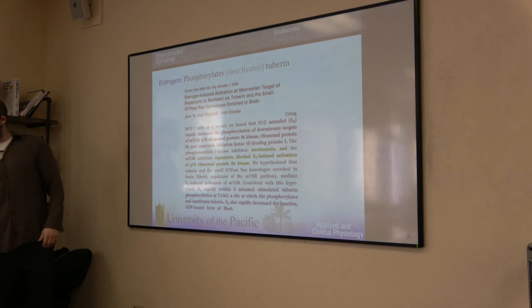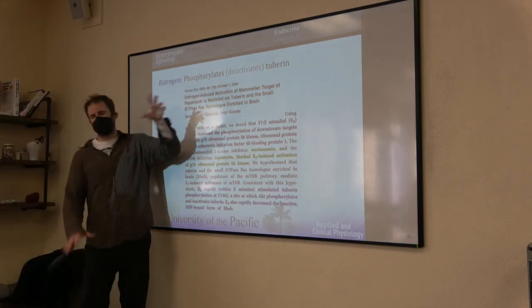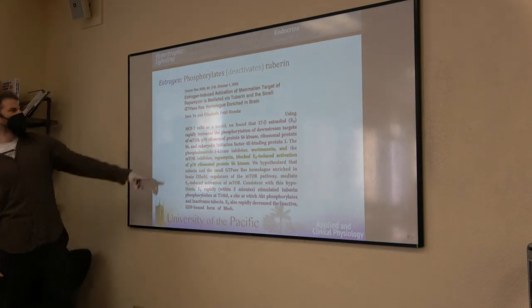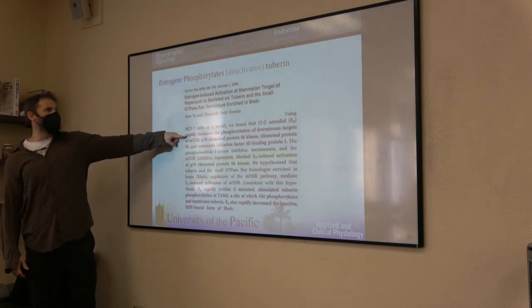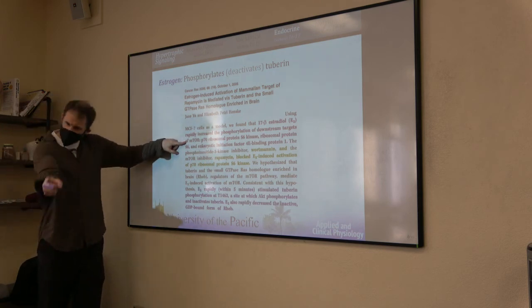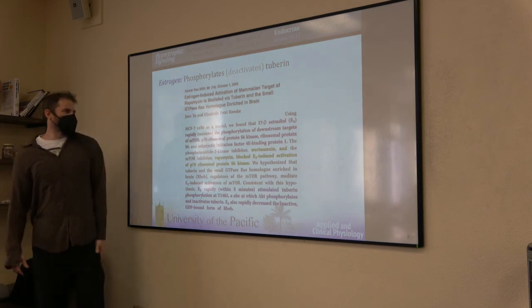But estrogen is an antagonist of tuberin. Estrogen phosphorylates and deactivates tuberin, just like PKB does. So estradiol rapidly increases the phosphorylation of downstream targets of mTOR. Introduce this, and mTOR is activated. Again, those are the downstream targets.